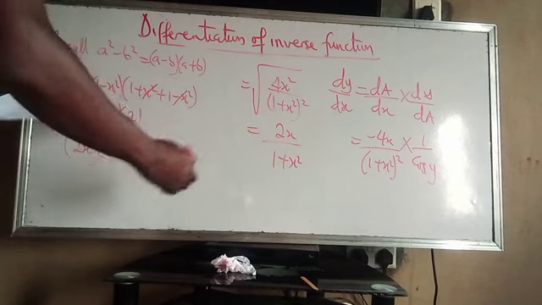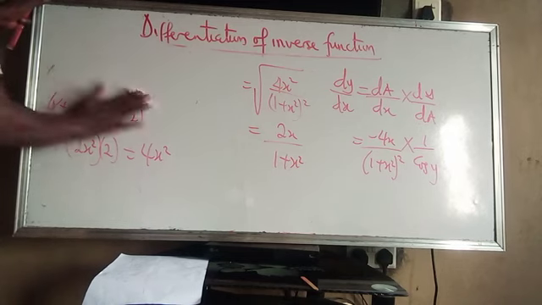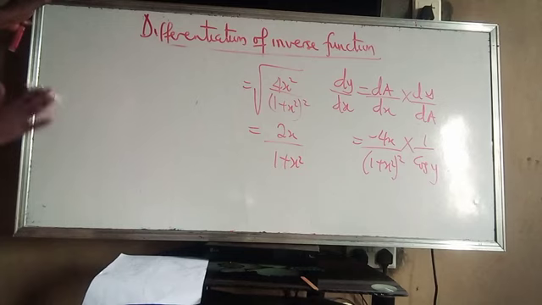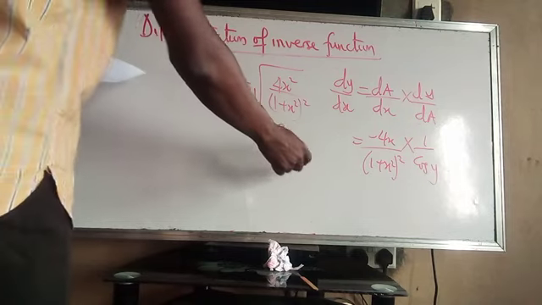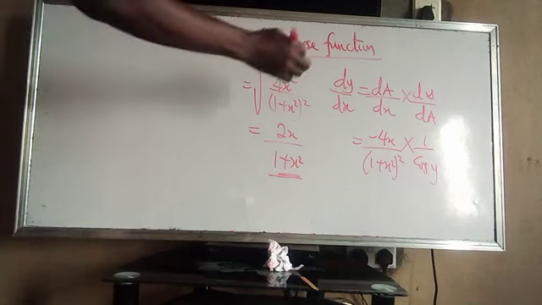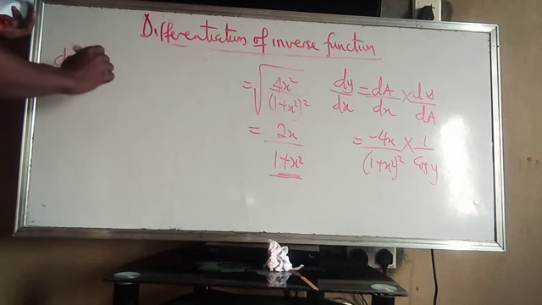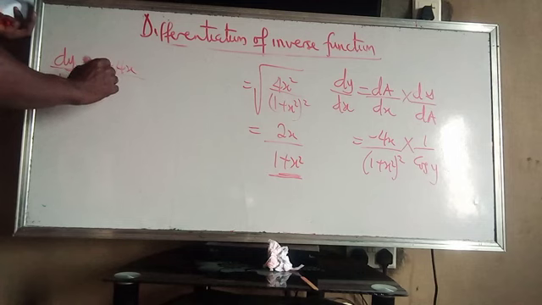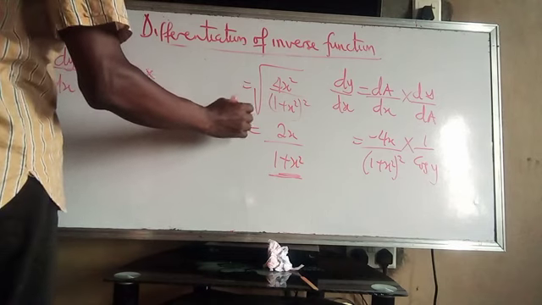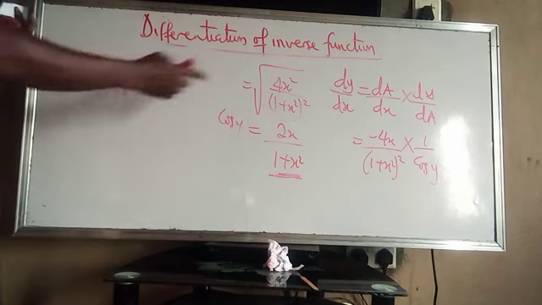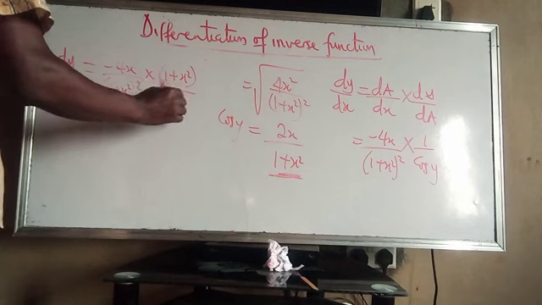So 1 over cos y now would be, we shouldn't be confused. It's because we didn't take note of this here. The board could not accommodate the whole of this, so it seems as if we are forgetting something. Now, our cos y was this. So 1 over cos y will now be this, which means dy/dx will now be equal to minus 4x all over 1 plus x squared all squared multiplied by the inverse of cos y, which is 1 plus x squared all over 2x.